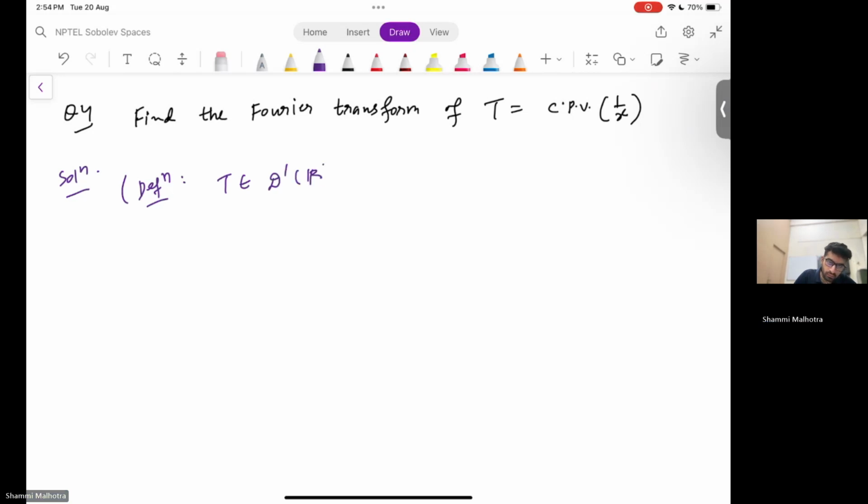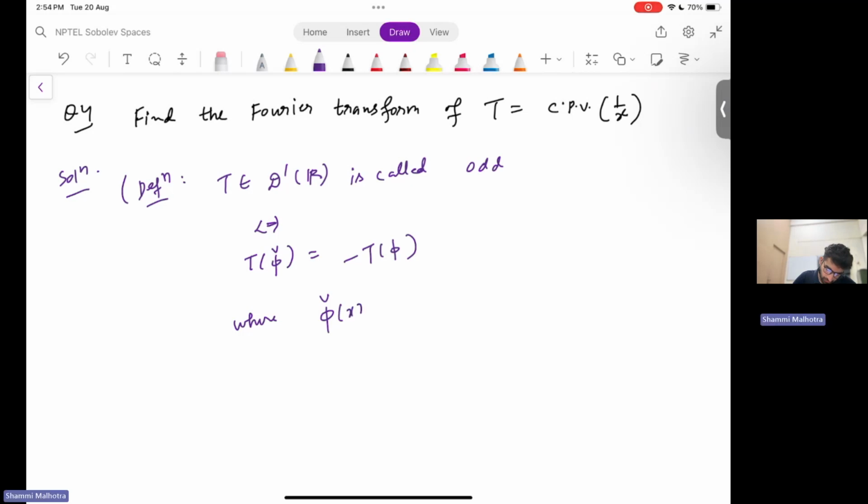A distribution T is called odd if and only if T of phi reflection is minus T of phi, where phi reflection is phi of minus x, and this holds for all test functions phi. So this is the definition of a distribution to be odd.